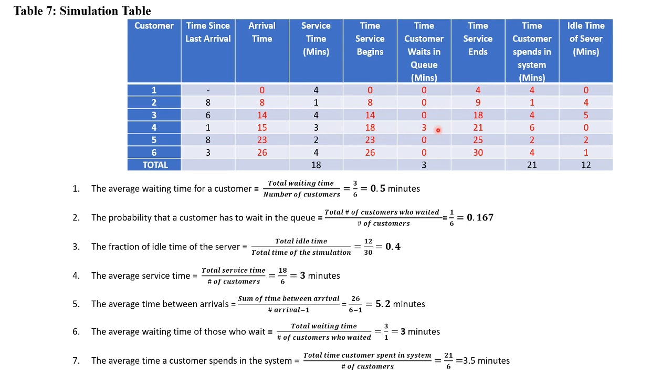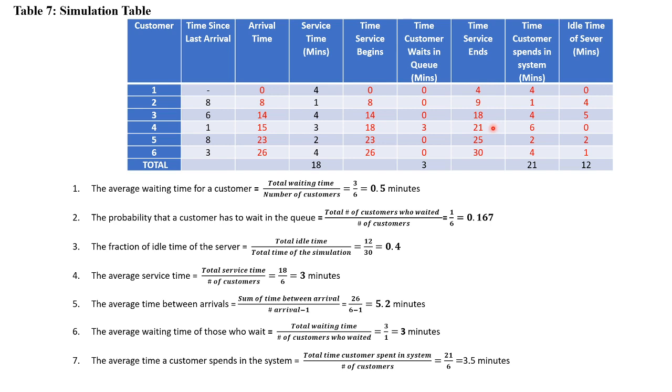So the waiting time is 3 minutes. Then the time service ends is going to be 18 plus 3, because it took 3 minutes to serve customer 4. So 18 when the service started plus 3 is 21. That is the time the service ends for customer 4.